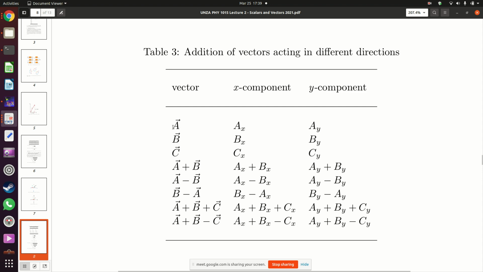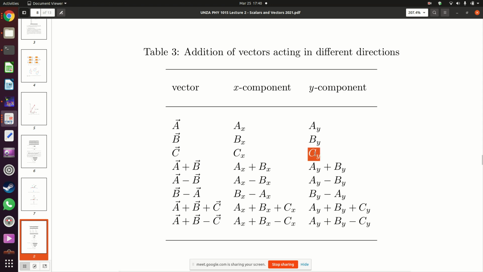For vector A, you find ax, then you also find ay. For vector B, you work out bx and by. For vector C, you work out cx and cy.